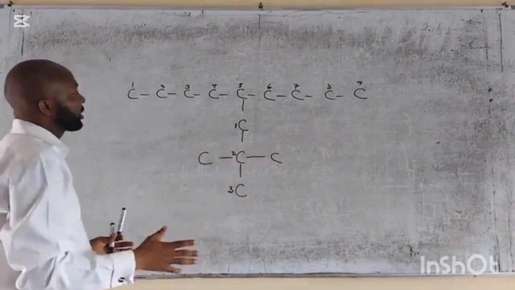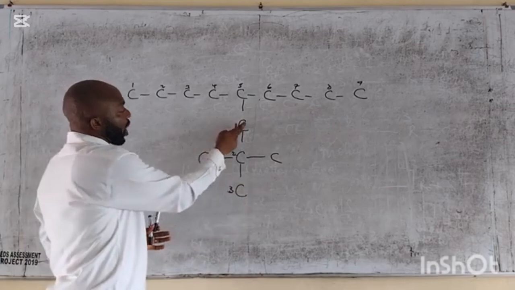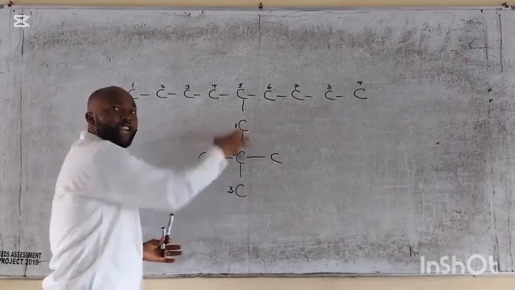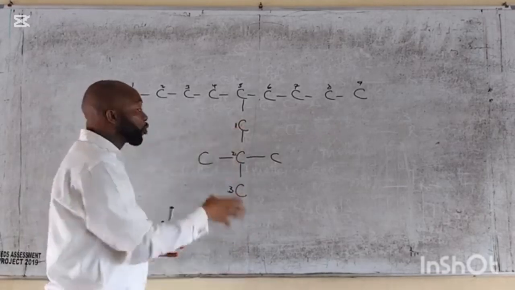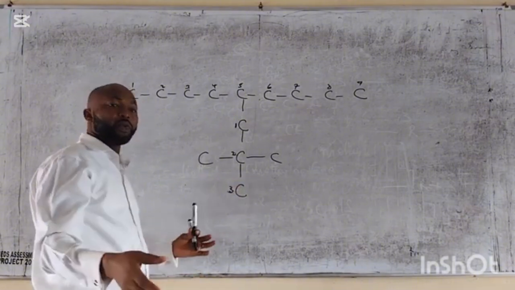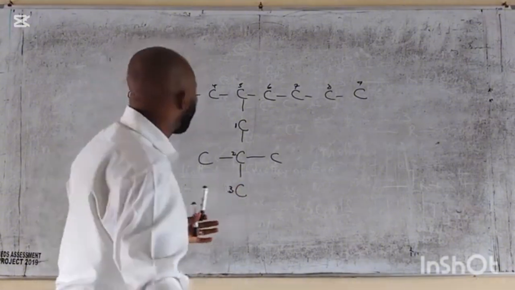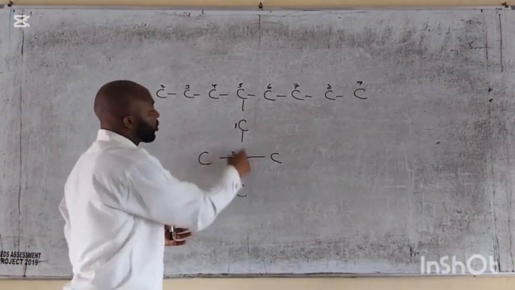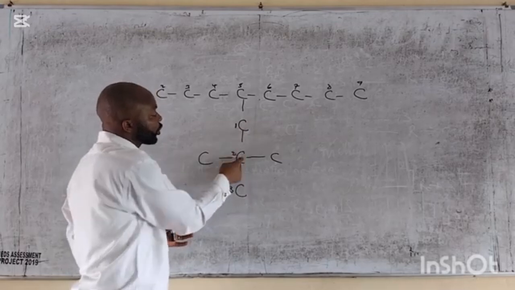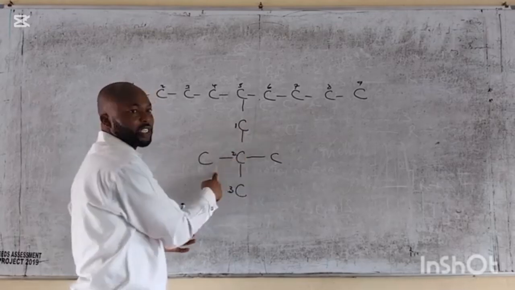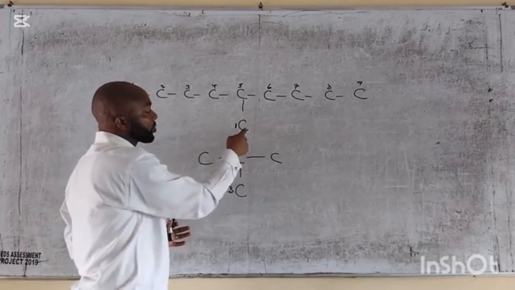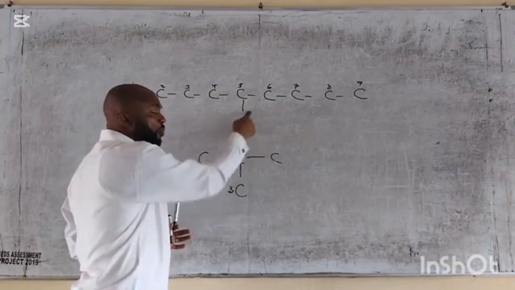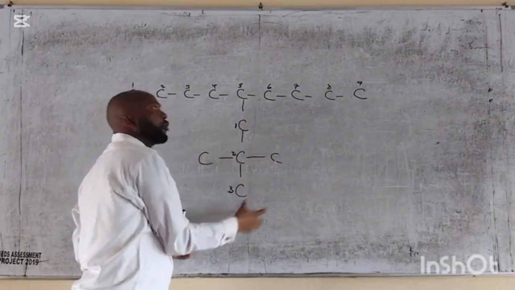Okay, in this sense, 1, 2, 3 is the parent chain of the substituent, which is a propyl. But in the propyl, in carbon 2 we have 2 methyls. So this becomes 2,2-dimethyl propyl before we come out.